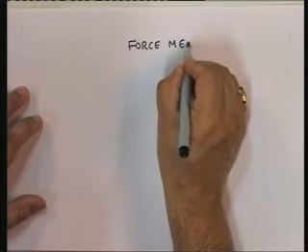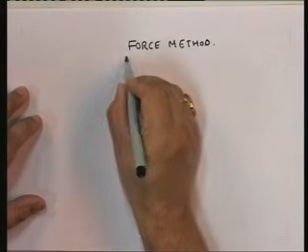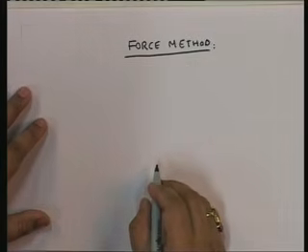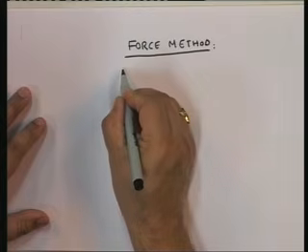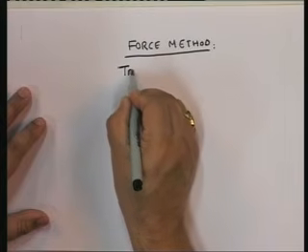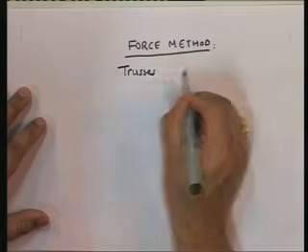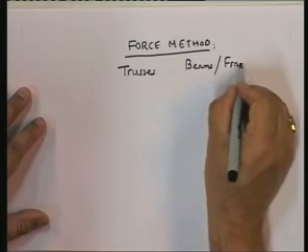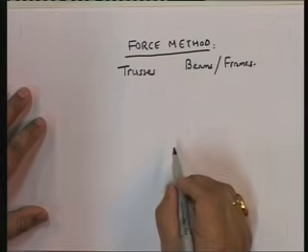So, now what I would like to do today is recap. I have developed the theory for the force method. I have applied the force method to both trusses and beams, and the thought process is the same.